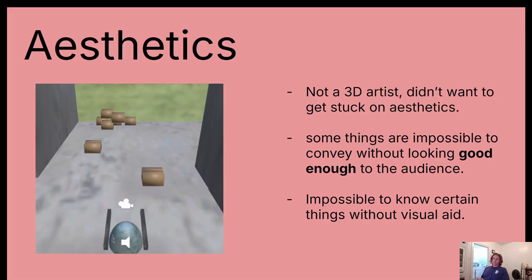I didn't want to concern myself too much with beautiful graphics or anything like that, as I'm not a 3D artist. However, one thing that I did definitely come up against was that it's hard to even convey basic information sometimes without a little bit of aesthetic design. So I did have to make it look good enough to get my point across, basically.